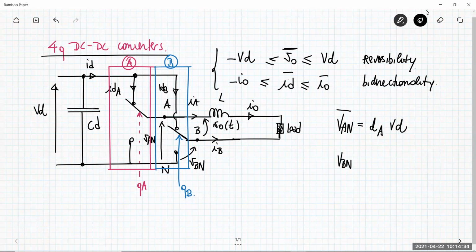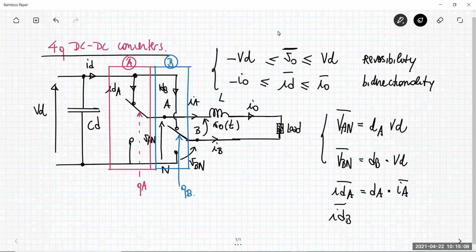But of course, this is also true for the leg B, which is another two-quadrant switching power pole. Now the difference is that the duty cycle is no more dA because the unitary switching function is different, so we can call it dB. The same happens for the current: IDA, the current flowing into the leg A, is dA multiplied by the average value of the current IA, while IDB average is dB multiplied by IB.